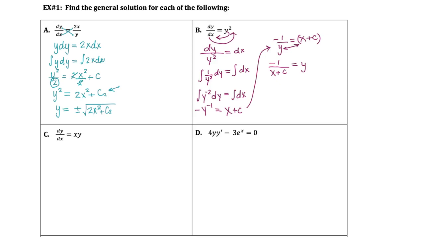Okay, moving on to part C. Again, same idea here. We can move our dx up and move our y to the bottom over here. So we have dy over y equals x dx. We're going to integrate both sides.